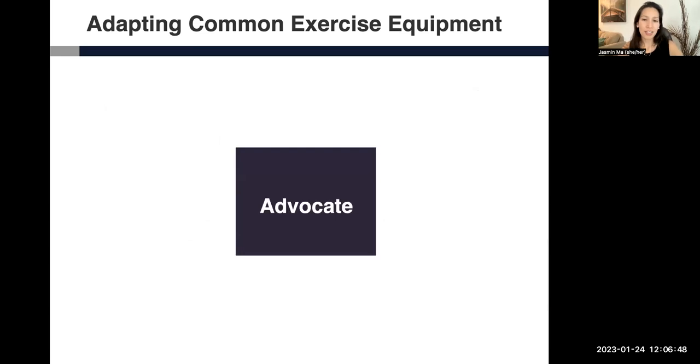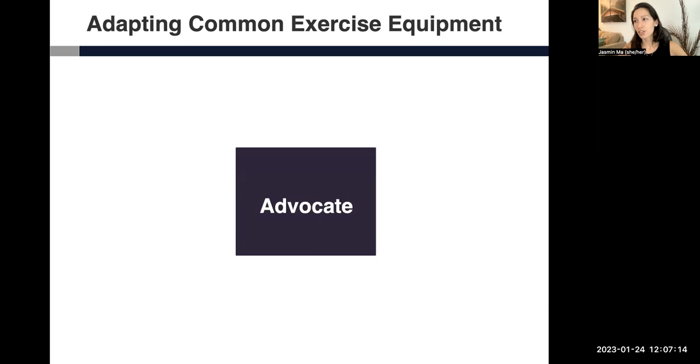Now, I have this note here in advocacy where I've just experienced time and time again that a lot of gym spaces, it's not that they don't want to be accessible. I hope that's not the intention. It's sometimes that they just don't know how, or they don't realize that their gym is accessible or is not accessible. So taking the time to advocate and even just calling and asking whether or not a gym space is accessible.